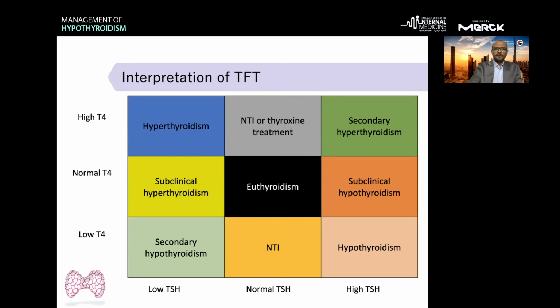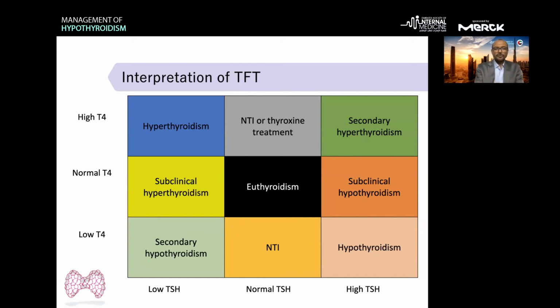Now, this is a 9-box grid. At the center of the box is euthyroidism. Looking down, it is the TSH, either low, normal, or high. And on the left side is the T4, either low, normal, or high.